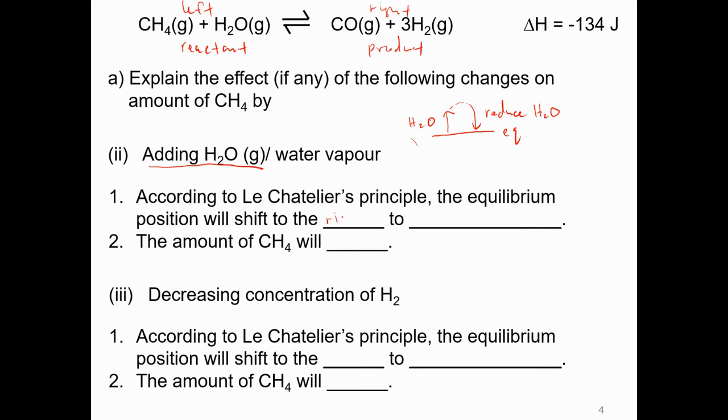So it will shift to the right according to Le Chatelier's principle. Why do we shift to the right? To counteract and reduce the water vapor, because the disturbance is increasing H2O. When equilibrium shifts to the right, the amount of CH4 will be reduced.